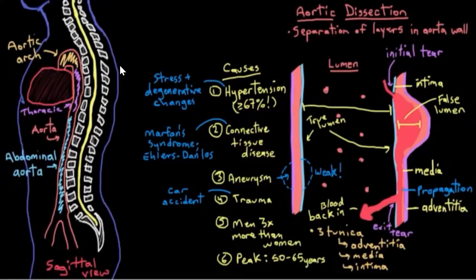Also connective tissue disease like Marfan syndrome or Ehlers-Danlos. Aneurysms can also cause aortic dissection. Trauma like car accidents or anything like that.